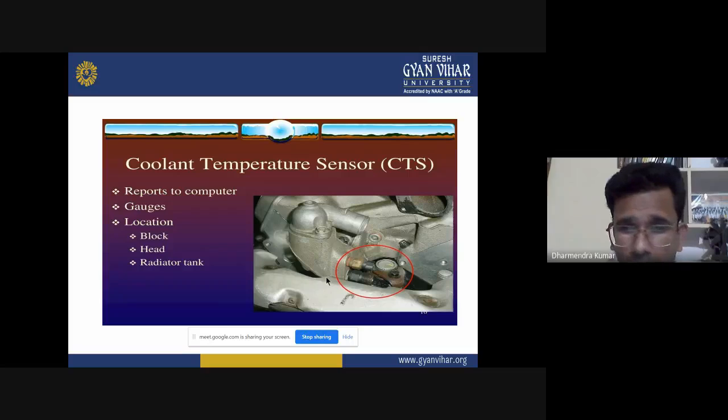Here the location of the CTS is the block, head, and radiator tank. Block here represents the cylinder block or cylinder head, and the radiator tank, because the cylinder is the hottest part. If you're talking about a running engine, the cylinder is the hottest part in any engine, because combustion takes place at that point, in the cylinder.